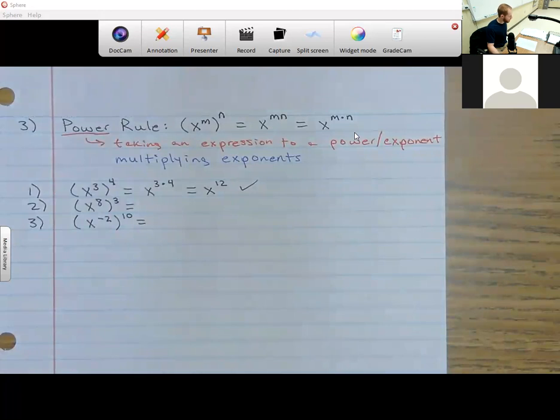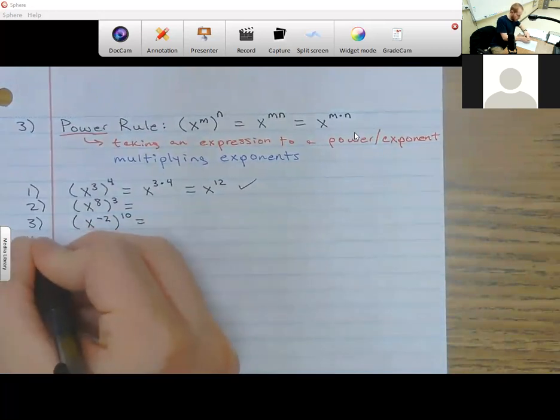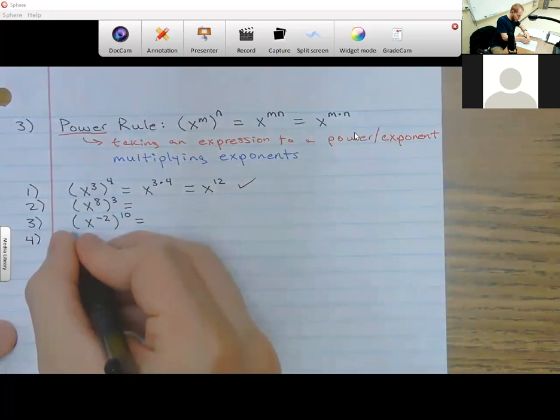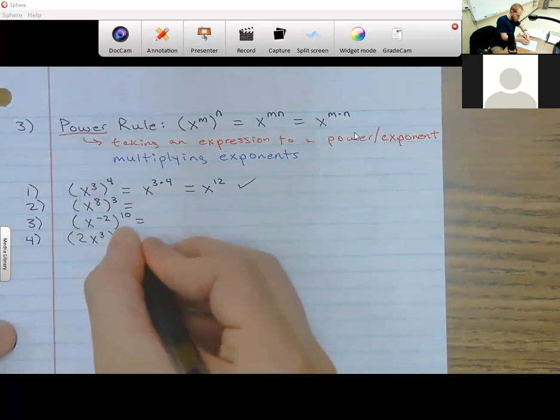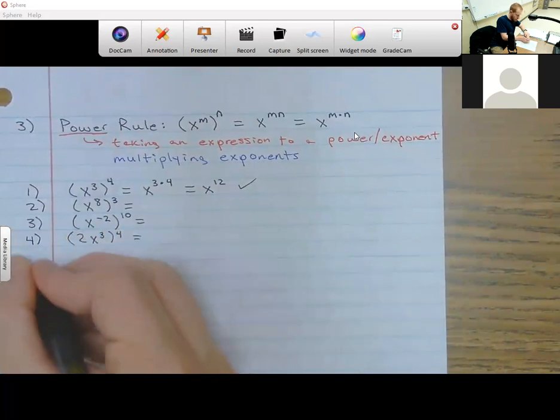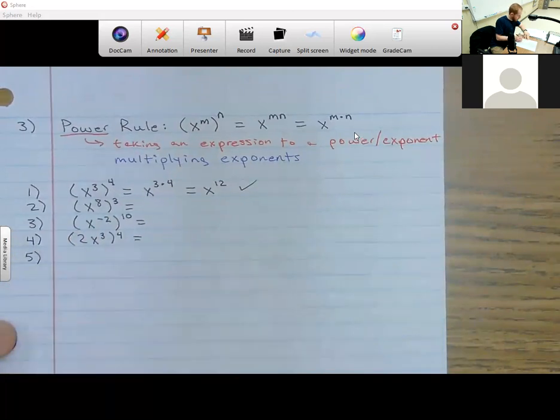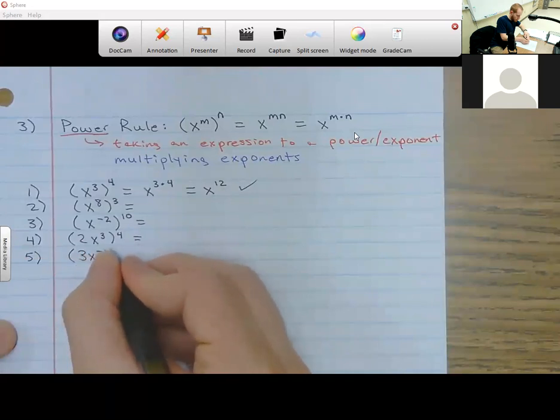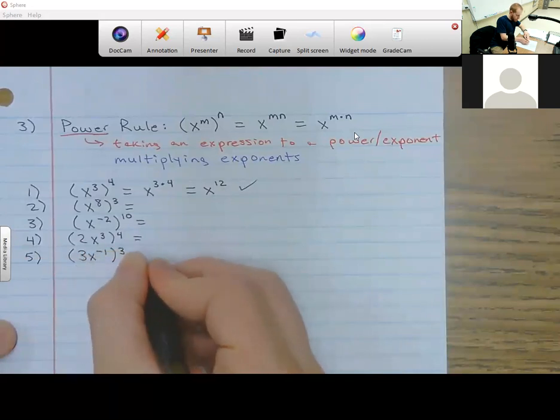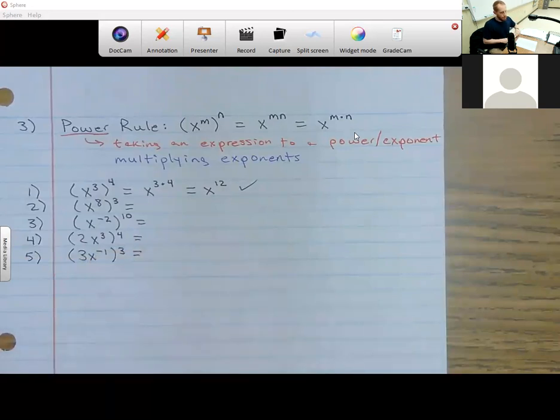All you're doing is multiplying the exponents together. And I will write down 4 and 5. Two x cubed, everything to the 4th power, and we have 3x to the negative 1 power, where everything is cubed. Okay. So go ahead, finish up number 2 and number 3, and then we'll talk about it.